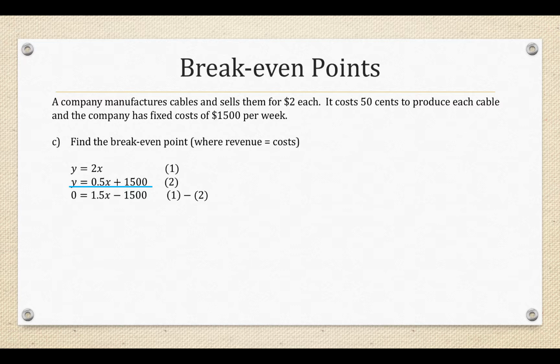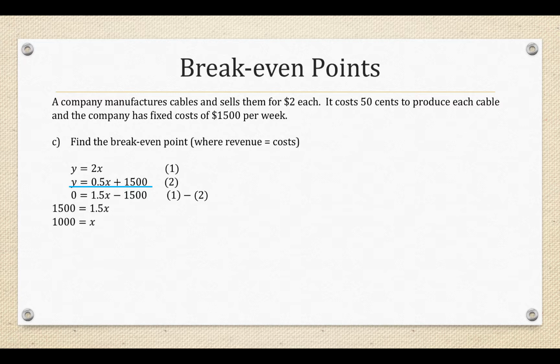Now there is no constant in the first equation for revenue. So we're taking away 1,500, which gives us negative 1,500. I'm then going to add 1,500 to both sides of the equation, which will give me 1,500 is equal to 1.5x, or 1,000 is equal to x.